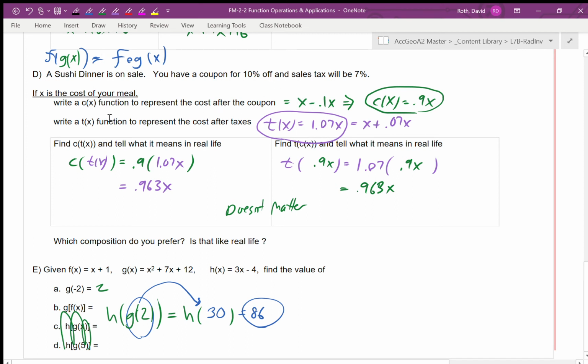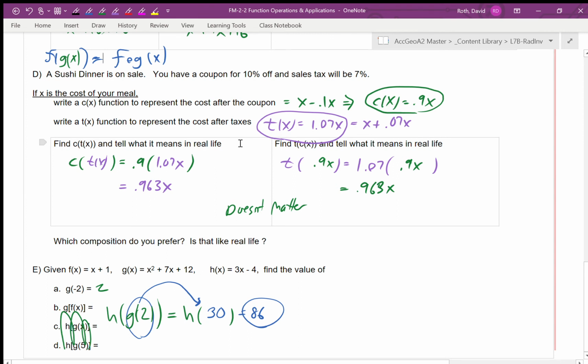Basically 10% off, you have the original price, 100% of x minus 10% of x means you're now paying 90% of the original cost. Fine. After taxes, 7%. Hopefully you can see that it's 1.07, 107% of the original price, which is the 100% of the original price plus another 7%.